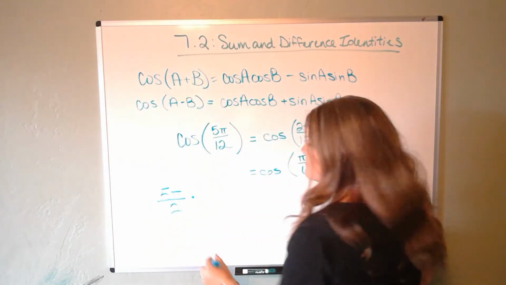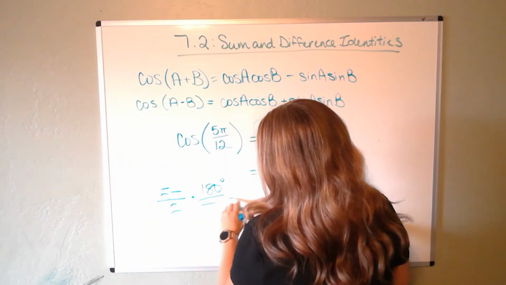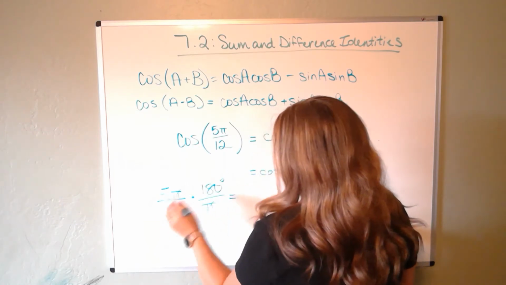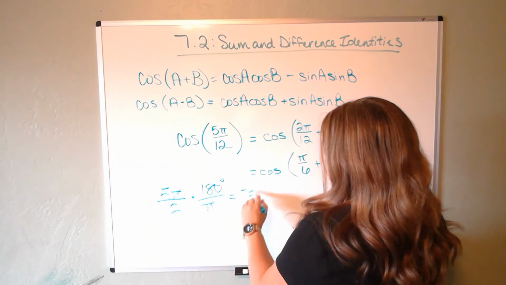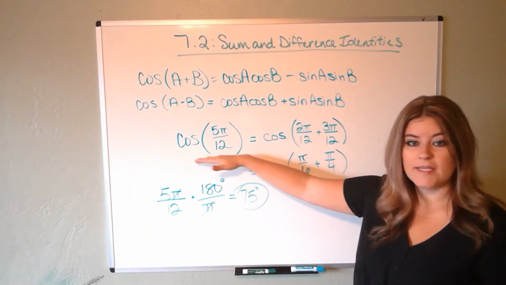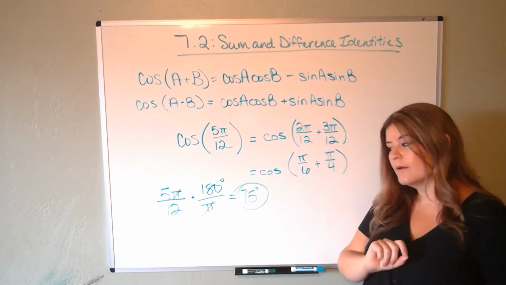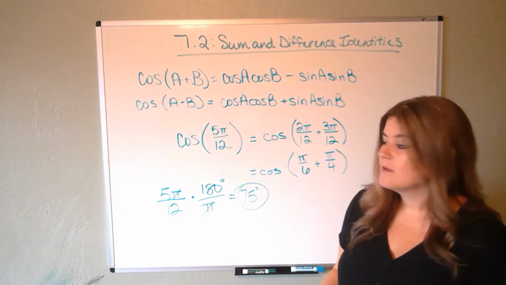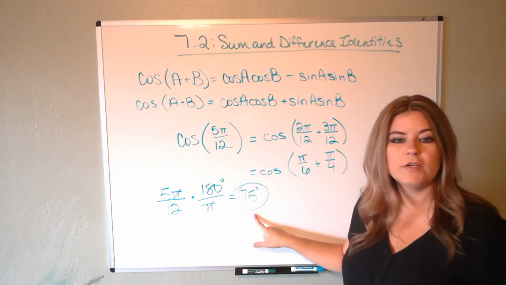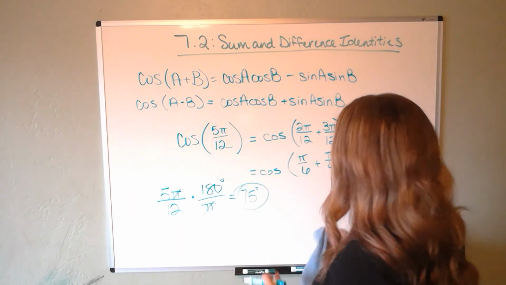Don't I do times 180 over pi? And you do some canceling, all that, and you're going to end up with 75. So sure, take it in radians, break it up, reduce it, I can see my special angles here. Or if you don't want to do any of that, take the radians, convert it, find the angle you're looking for in degrees. So either way you want to work it.